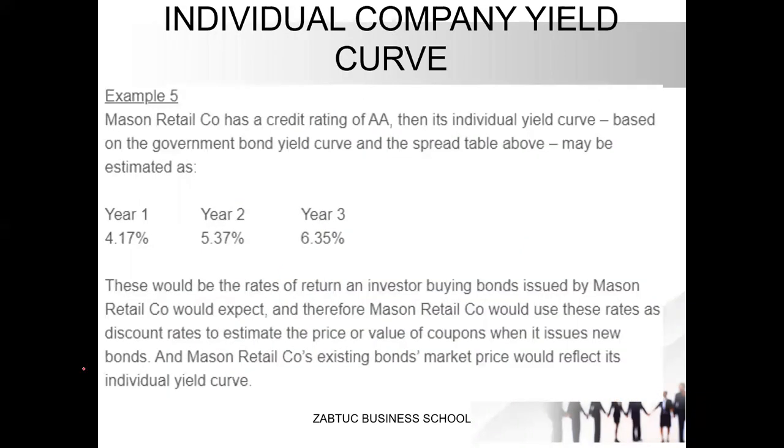Okay, so here Mason is rated as double A. Then each individual yield curve based on the government bond yield curves and the spread table above may be.